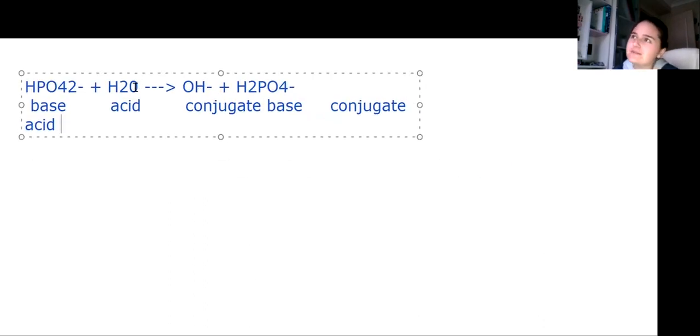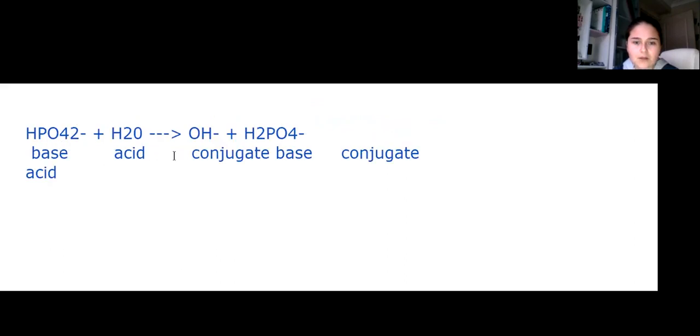I'm not supposed to tell you this, but have a look here. If you can see a pattern, when you're combining something with water and you're making a hydronium ion, that means you've got an acid.